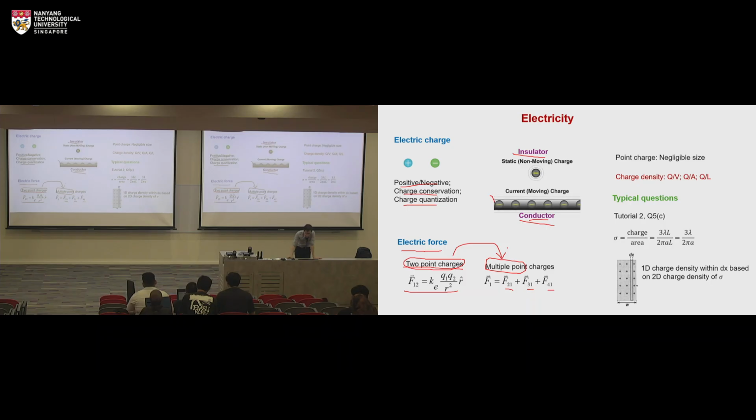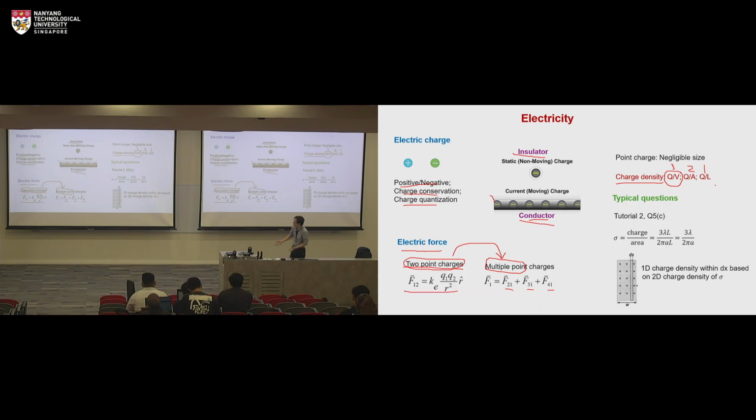If you want to further extend to an infinite number of charges, then we need to define another concept, the so-called charge density. The way we define it is just the ratio between these two. Of course, this depends on the dimension, whether you have three dimensions, two dimensions, or one dimension.